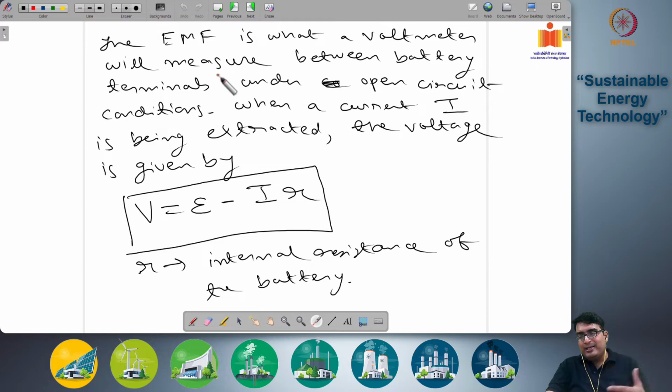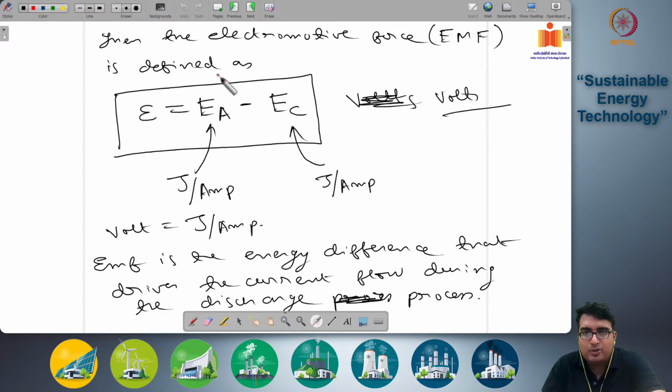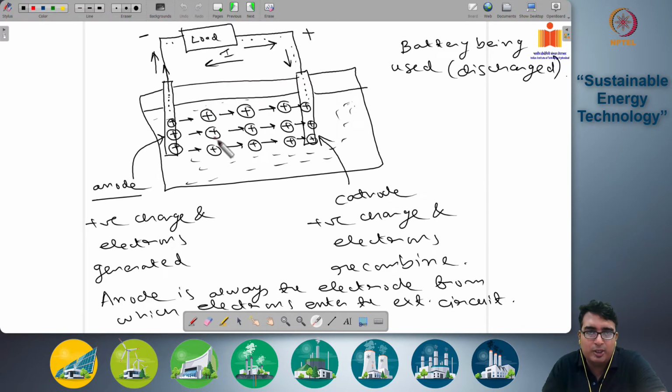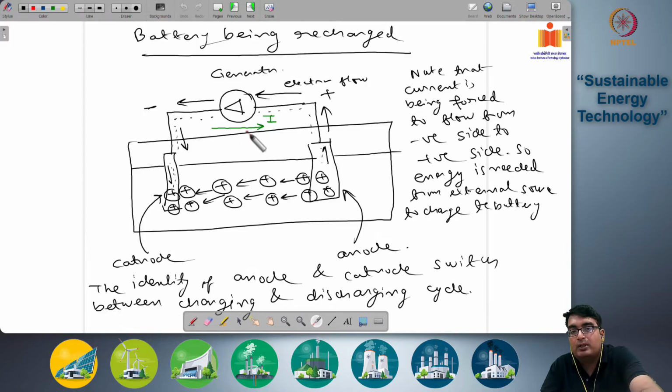However, when the battery is being discharged, so let's look at the battery situation again. This is the discharge process and current is flowing. Now there is a flow of charged ions from one electrode to the other within the battery through the electrolyte, and that will encounter some resistance. So the flow of charged ions will create its own decrease in potential because of the resistance encountered within the electrolytic solution.